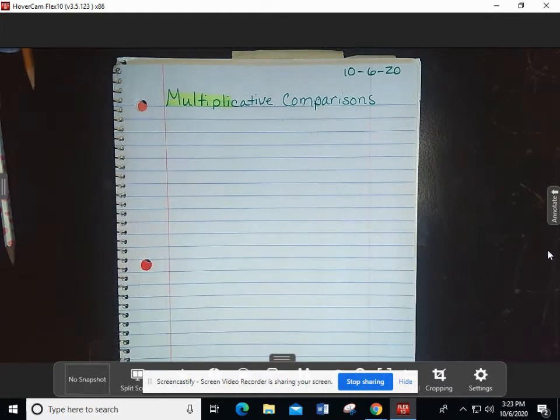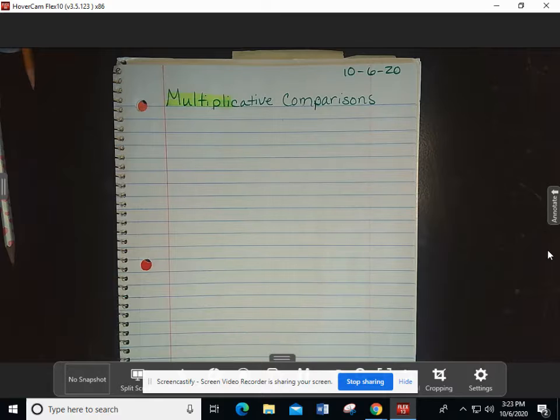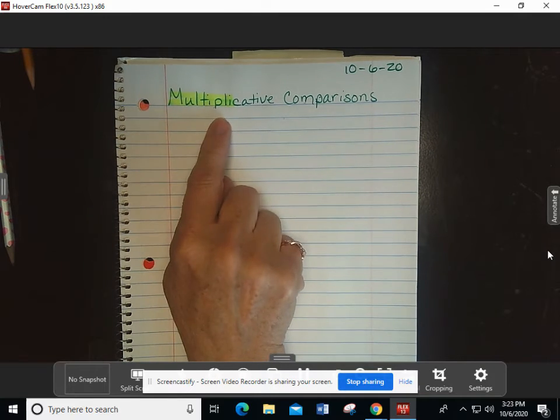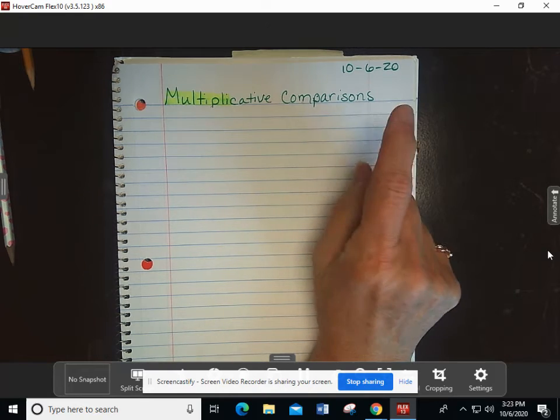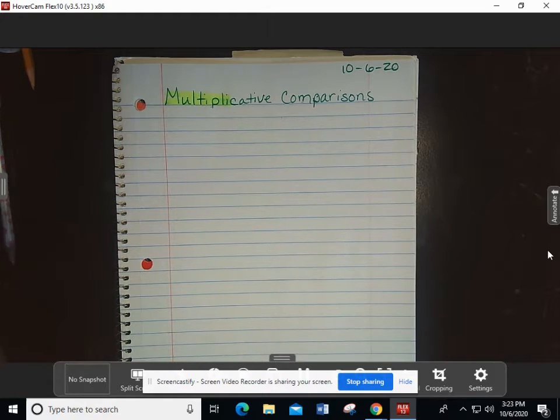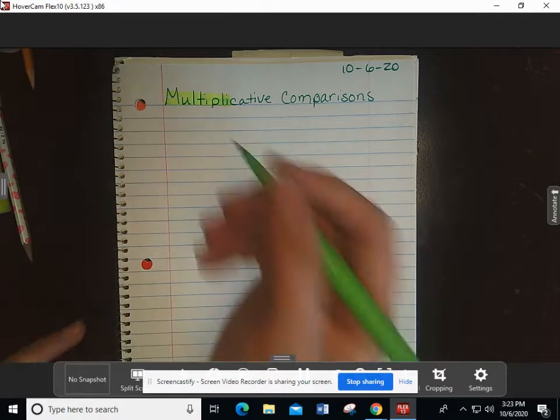The Y has been changed to an I because we added a suffix, but here we see multiply. So we're talking about multiplying and we're talking about comparing. So we're comparing what we're multiplying. So when we're doing this, we're using words like this.